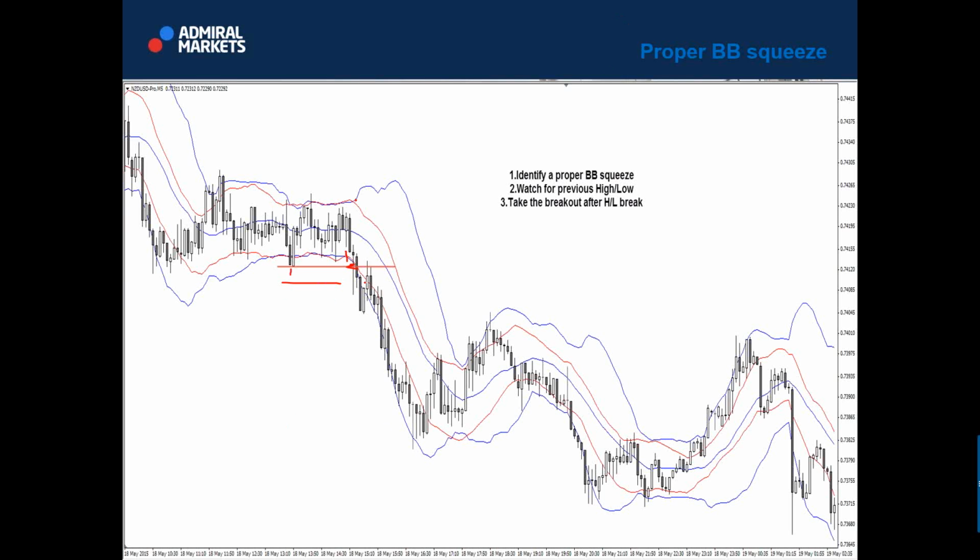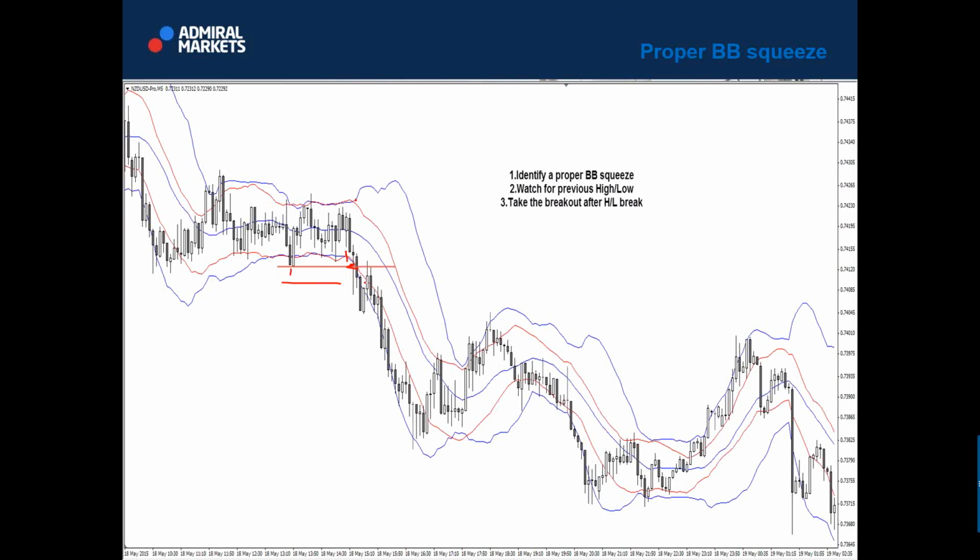And if you're not sure whether you can use Bollinger Bands in your trading, use this knowledge. At least it can help you to better understand the usage of Bollinger Bands, of riding the bands, of pin bar outside-inside and 2 candle pattern outside-inside rejections, and proper Bollinger Band squeeze.